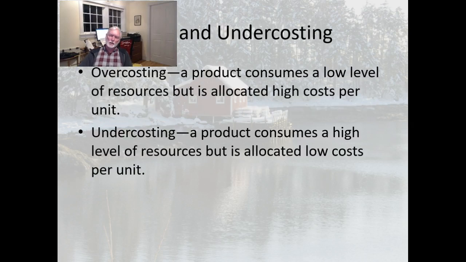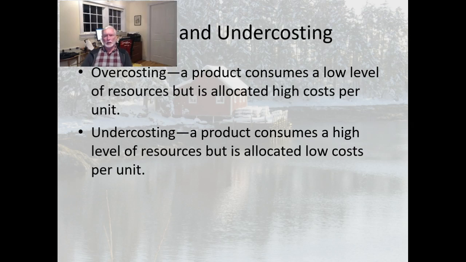So what you end up with is overcosting and undercosting. If you have an overcosted product, so you have more costs allocated to that product, that means that some other product is undercosted, has less costs allocated, because the total costs here don't change. It's just where we allocate the costs. So which product that we're producing do we allocate the cost to?